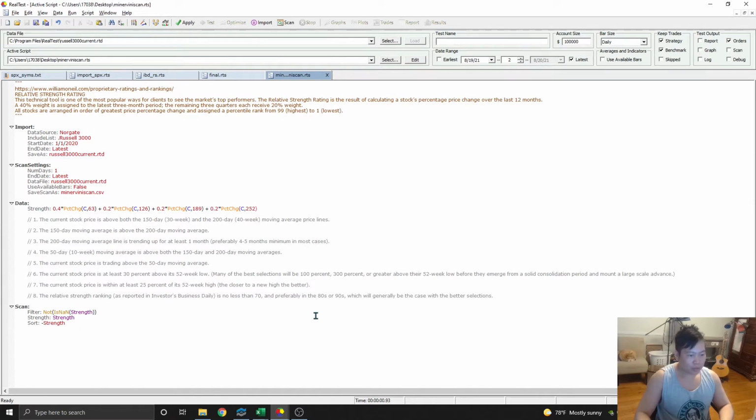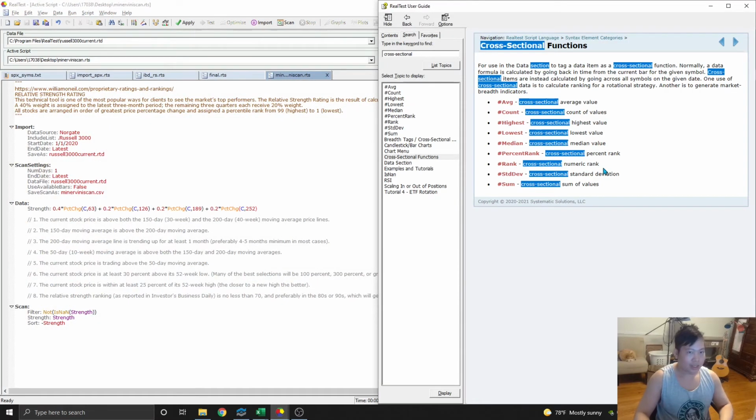Okay? So a quick note about cross-sectional functions in RealTest. There are two kinds of data that we're dealing with here.